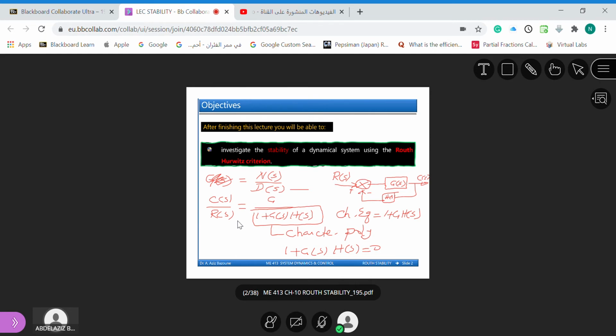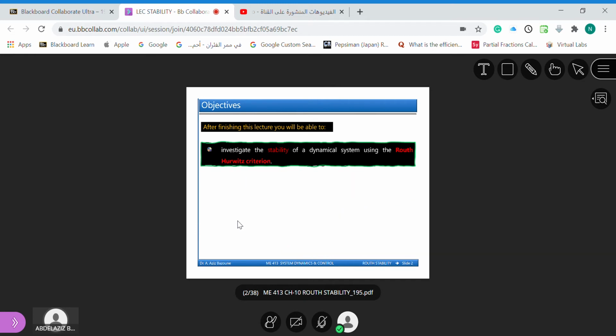Suppose our transfer function, the closed loop transfer function, is written in this form: 1 over s plus a. We assume here that a is positive.